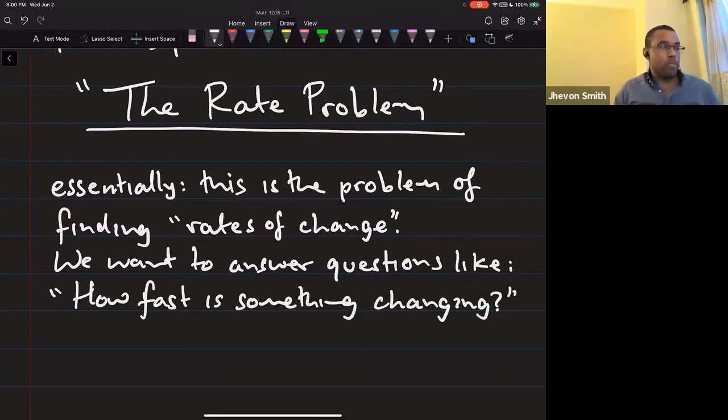Right? So that's a very important question, and it's kind of vague if you think about it. So there's something called the rate problem, which is basically how fast is something changing, right? How fast is that thing over there moving, right? Can we come up with a mathematical way to answer that question? Which is like, where do you even begin, right?